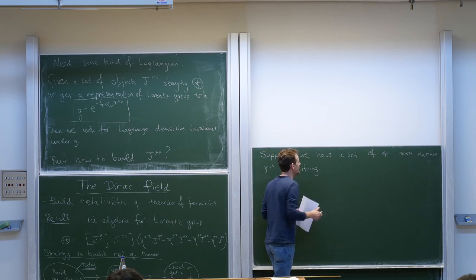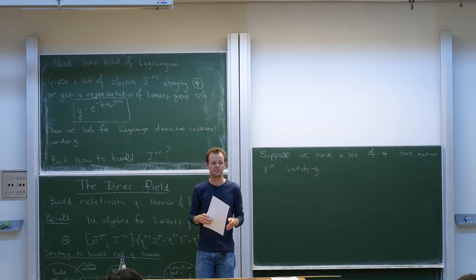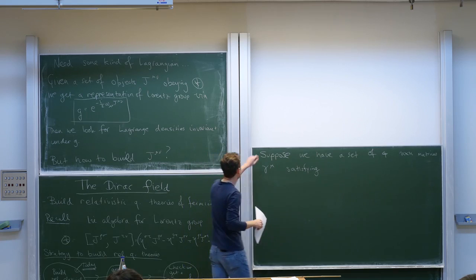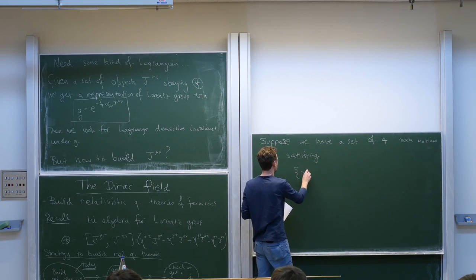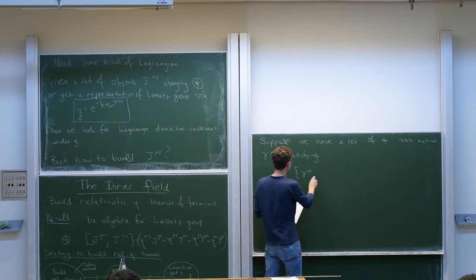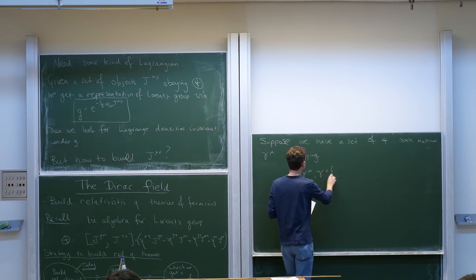And it's not just any set of 4 n by n matrices. They have to satisfy a certain anti-commutation relations algebra, namely this one here.